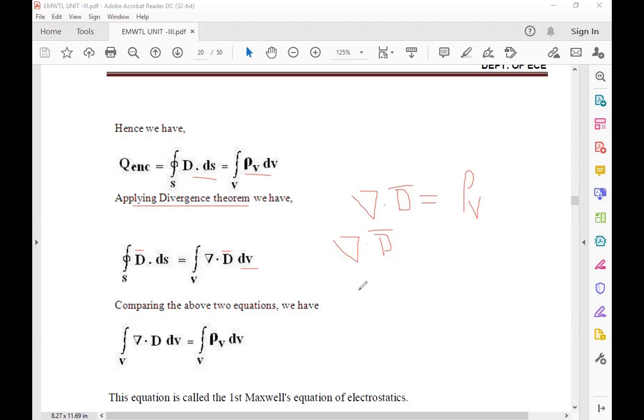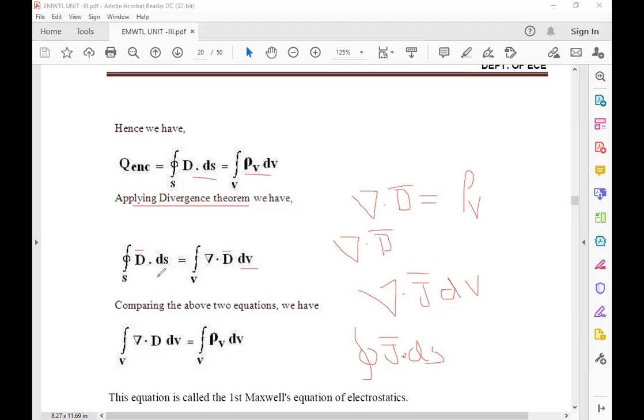Remember, if suppose del dot J bar is there, del dot J bar is in the volume charge. What is the surface charge? Means the integral J bar dot dS bar. Whatever the variable is there here, that variable will get in the del dot J bar.